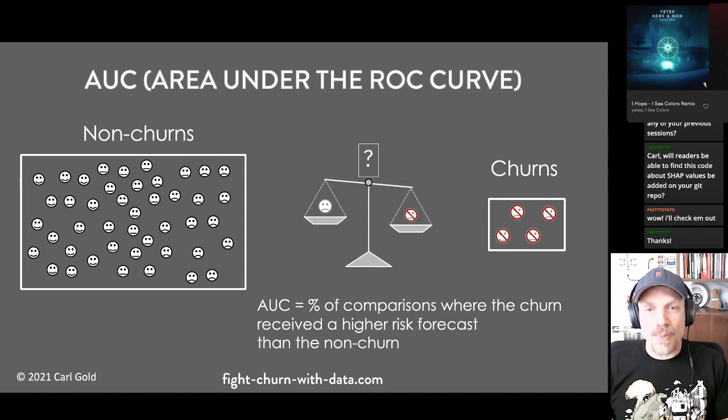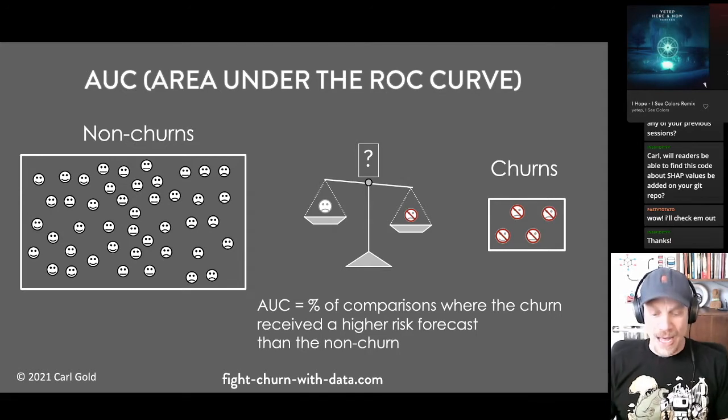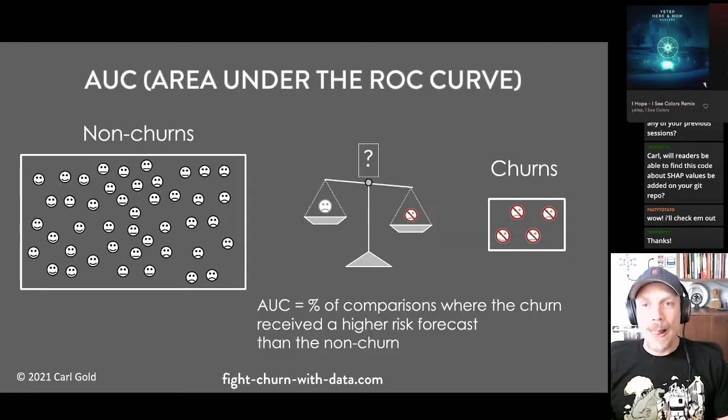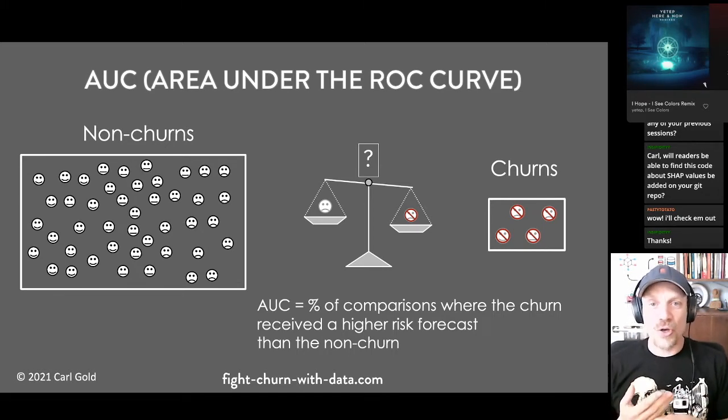And this is a much better accuracy metric for churn, well, for a few reasons. One, because you can't cheat like in the standard accuracy metric. This one you can cheat because of the imbalance. But in this case, you can't cheat because every churn is going to be compared to every non-churn. So you make full use of all your churn data.